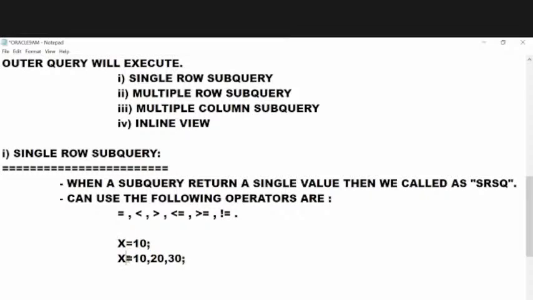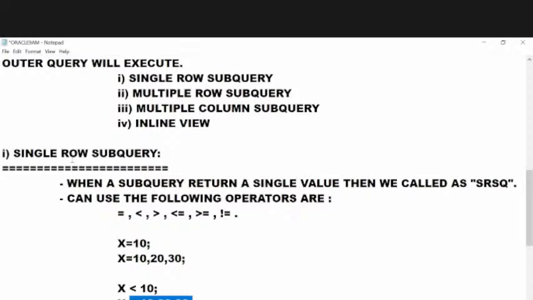If you try it like this with multiple values, it will show an error. Same with x less than 10, or x less than 10, 20, 30. The first one. The less than operator compares a single value, but you can't write it like this with multiple values.